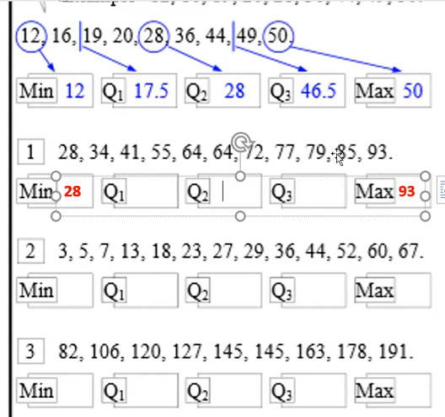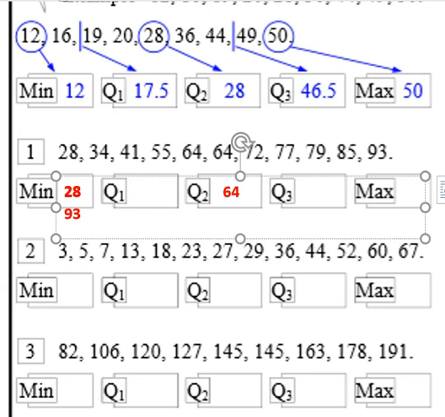So therefore, our median is going to be 11 plus 1, which is 12, divided by 2, which is 6. So we are looking for our sixth number. 1, 2, 3, 4, 5, 6. So our middle number is 64.